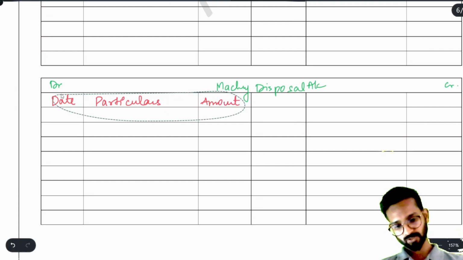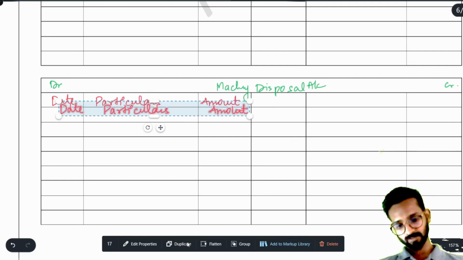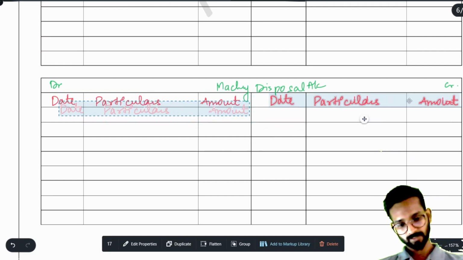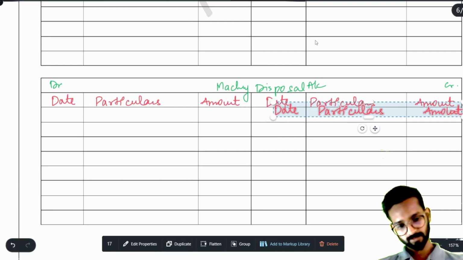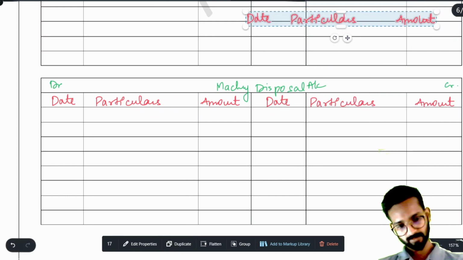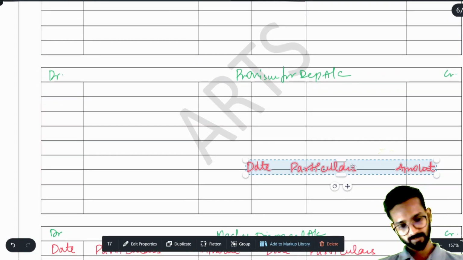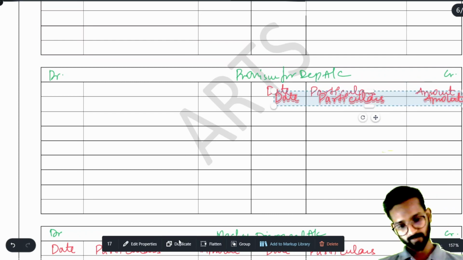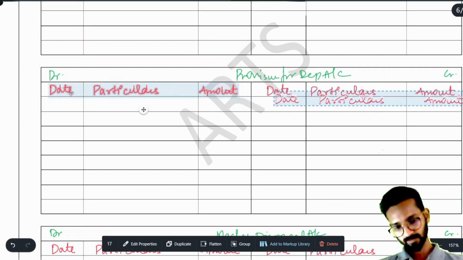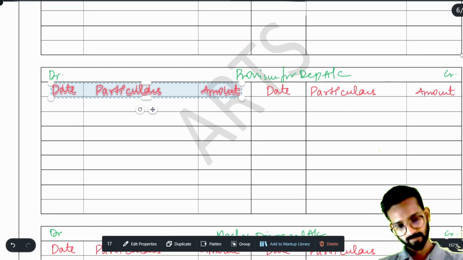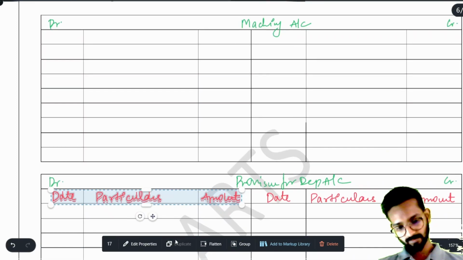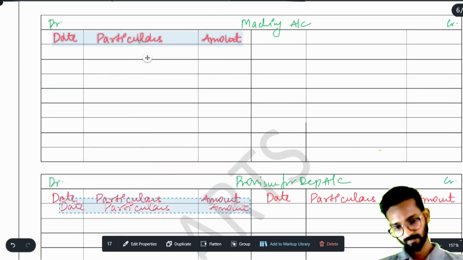Now use this shortcut. Take the duplicate and copy, and then again duplicate the same thing.